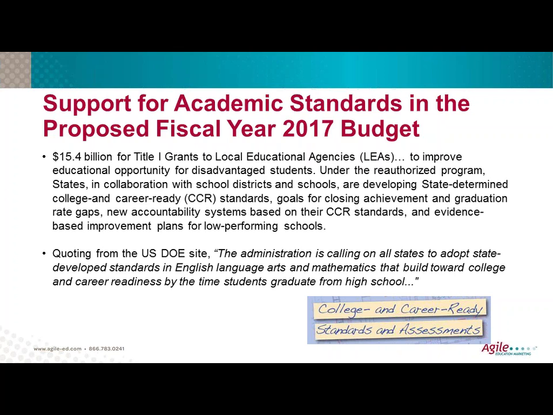So this really means that states need to start creating them if they don't have them, and using them if they're not using them. But again, it goes back to preparing students to be college and career ready in the end. So there is budget in there for these CCR standards that really relate back to, as we were talking about, the ELA and math.